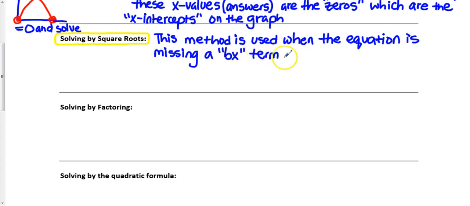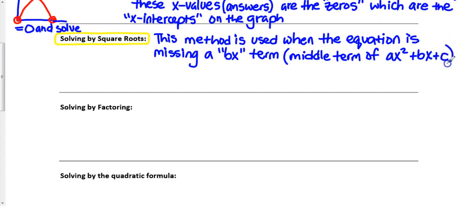And when we say bx term, we're really saying middle term. That's how we usually think of it. The middle term of ax squared plus bx plus c. So we're saying the bx term, or that middle term, is not there.